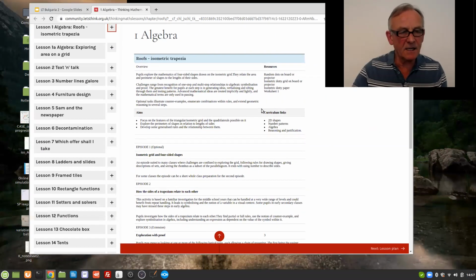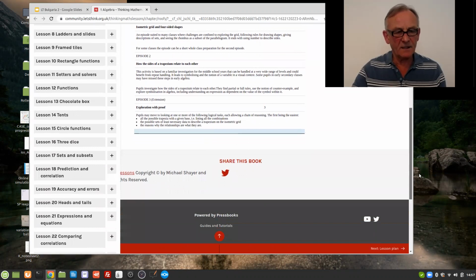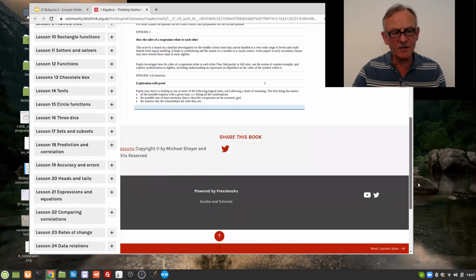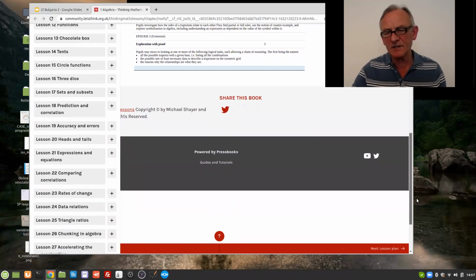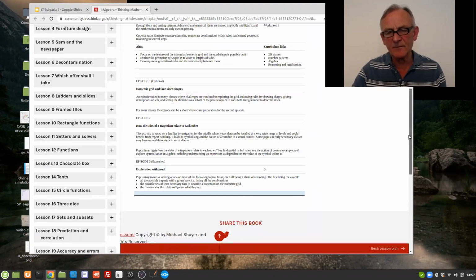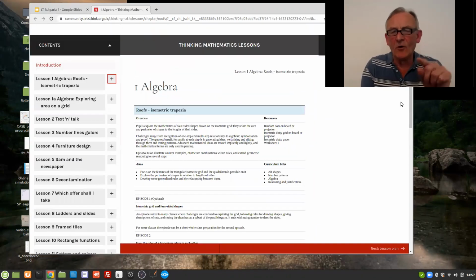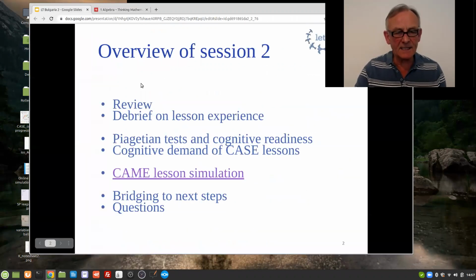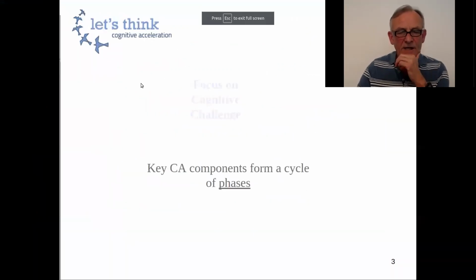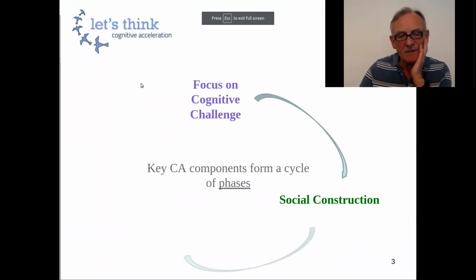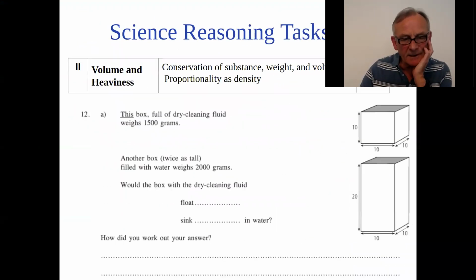There's algebra strands, things to do with number, things to do with area, later functions, geometry, trigonometry, correlation, statistics. So they don't always follow, but they're similar to the case lessons that I showed you, that they're themes of growth.